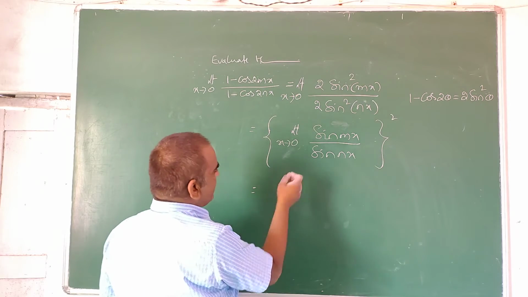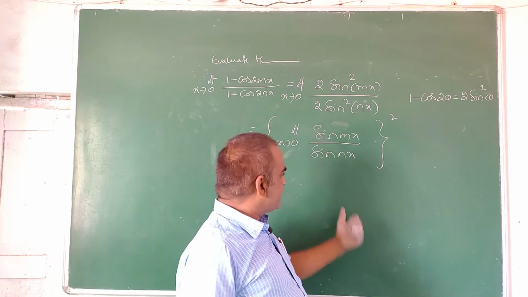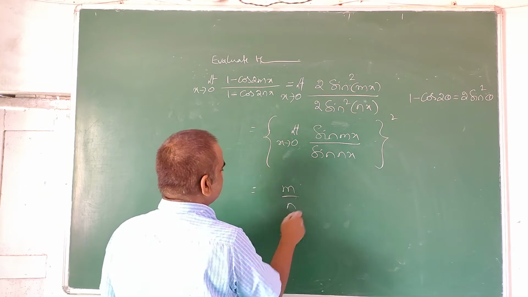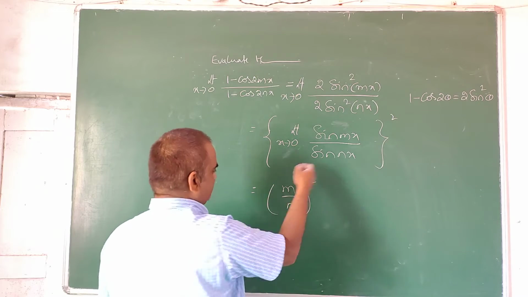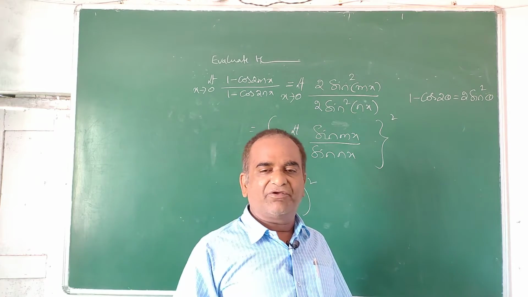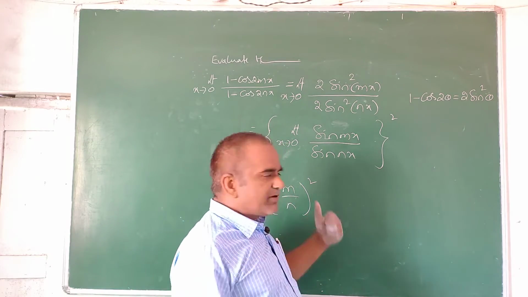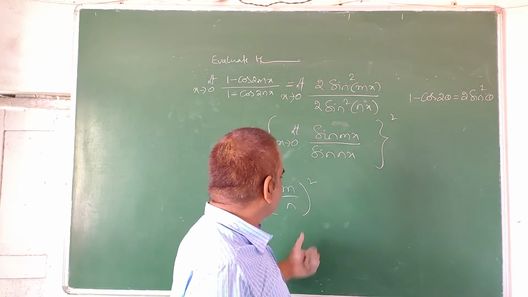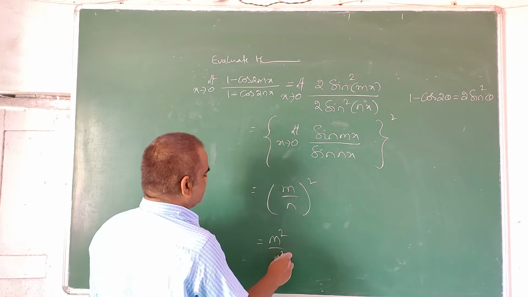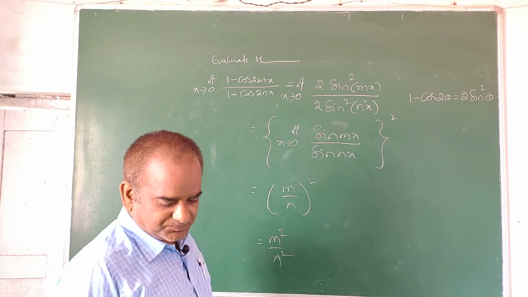As already given among the 10 standard forms, this is m by n. In the previous context I discussed the theorem and gave 10 results; among those 10 results, this is one of them. So this is m by n whole square, which is m square by n square. Understood?